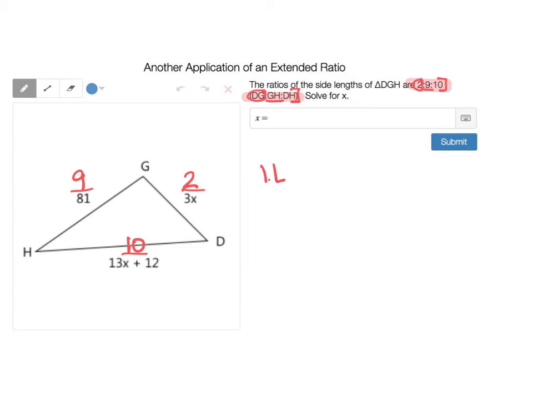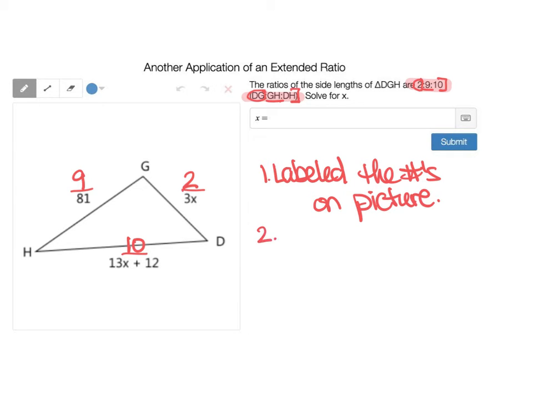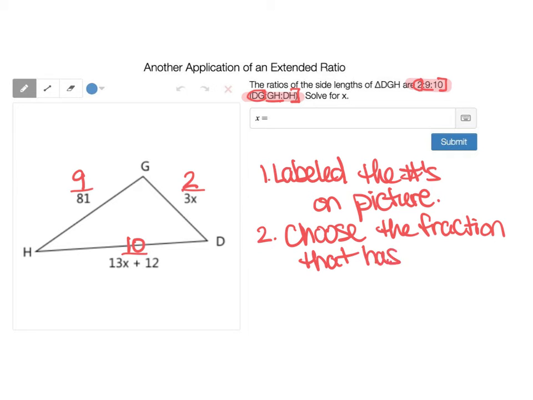So we labeled the numbers on the picture. We're going to choose the fraction that has only numbers.